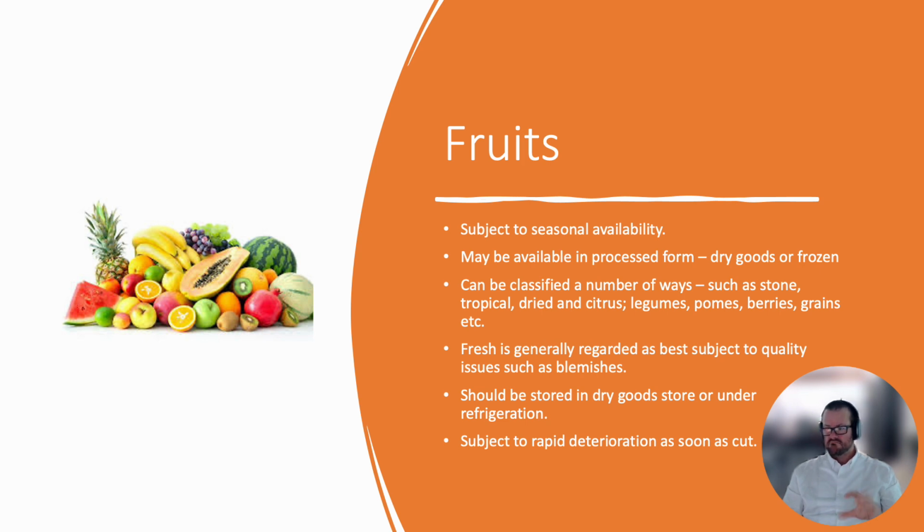Yeah, fruits come in various different forms: fresh, dry, frozen. You can classify them in a number of ways, right? Group them. That might mean dried, might mean tropical, stone fruit, citrus, okay, legumes, poms, berries, grains, etc. Right, maybe fruiting vegetables.